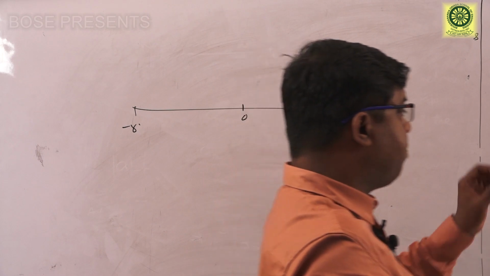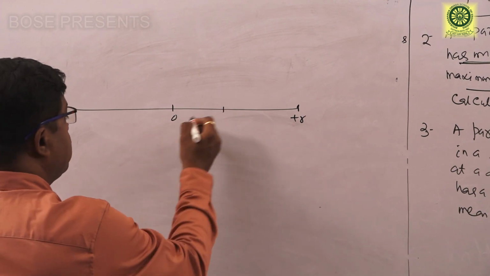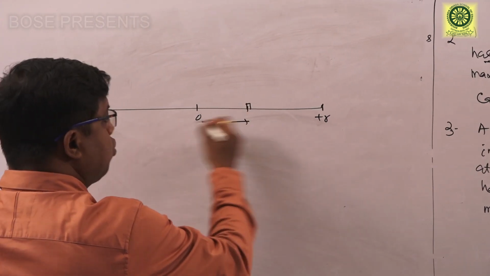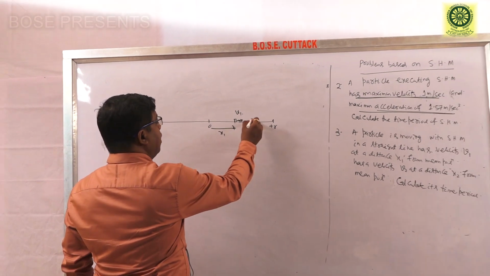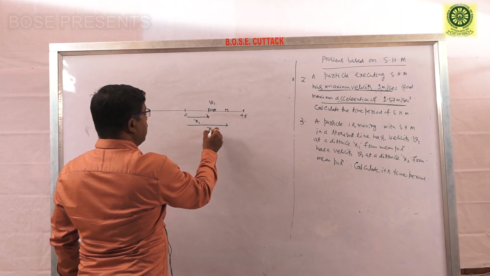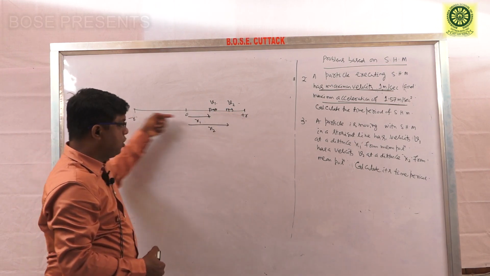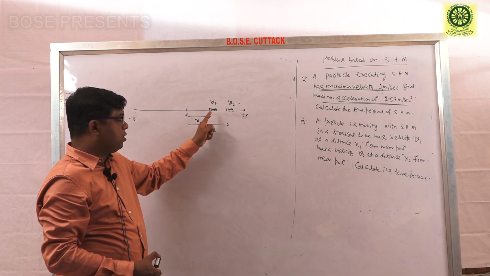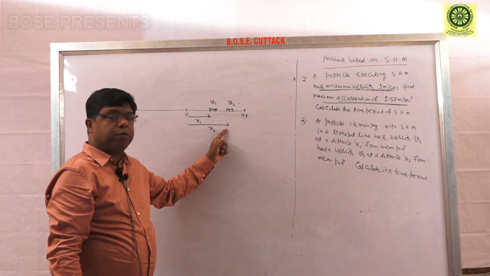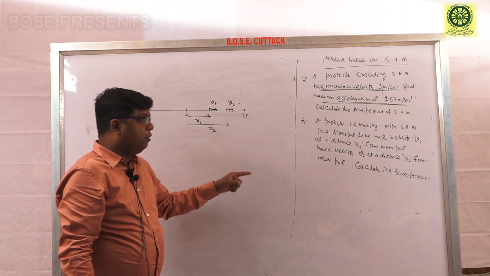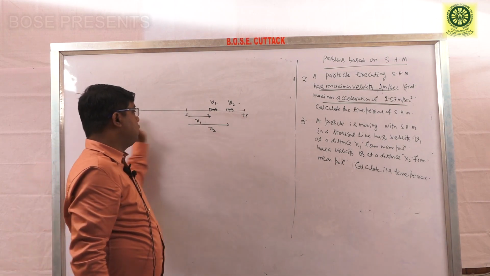The particle executes SHM, its velocity at a distance x1 from the mean position is v1, and its velocity at a distance x2 from the mean position is v2. Then calculate its time period. Time period means the time taken for one complete oscillation.